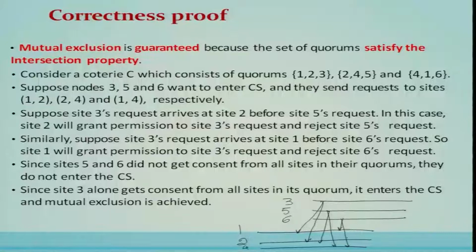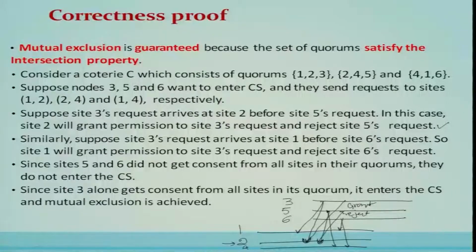Now suppose site 3's request arrives at site 2 before the request of site 5. So site 2 will grant the permission to site 3's request and reject the site 5 request.